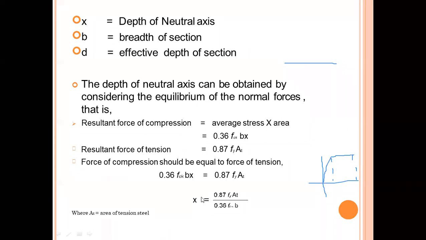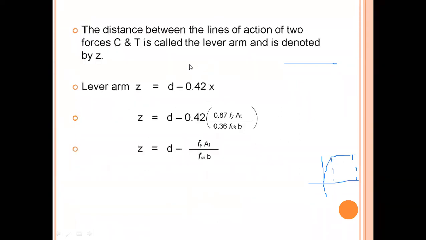So remember, whenever you have to find out the depth of the neutral axis, just equate C equal to T, where the resultant compression force is 0.36 fck B into Xu. Next, the distance between the lines of action of the two forces C and T is called the lever arm and is denoted by Z. Z is given by d minus 0.42x.